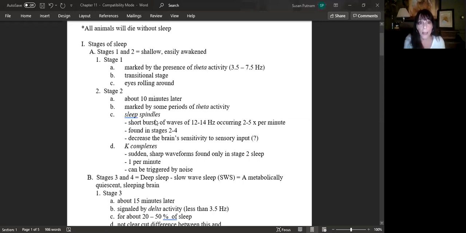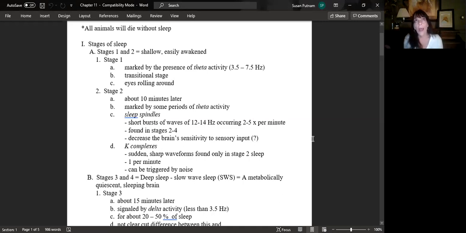Sleep spindles are indicative of moving into stage 2. These are short bursts of waves that are 12 to 14 hertz, and they occur about 2 to 5 times per minute. The onset is indicative of stage 2, but you can find them all the way through stage 4. So 2, 3, and 4.